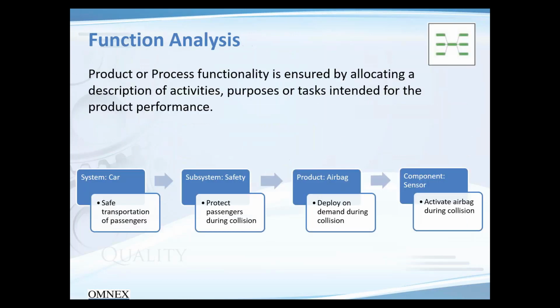Functional analysis then would follow the structure analysis, and that could be called a function net, which would then be the connection between the component to the product to the subsystem to the system.